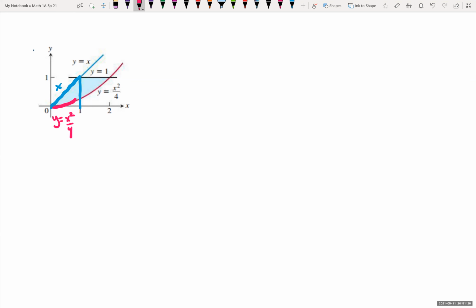And so if I break down this integral, the area bounded between the x value of 0 and 1, my upper function, the one with bigger y values, is x minus my curve below, which is x squared all over 4, with parentheses around that, dx.